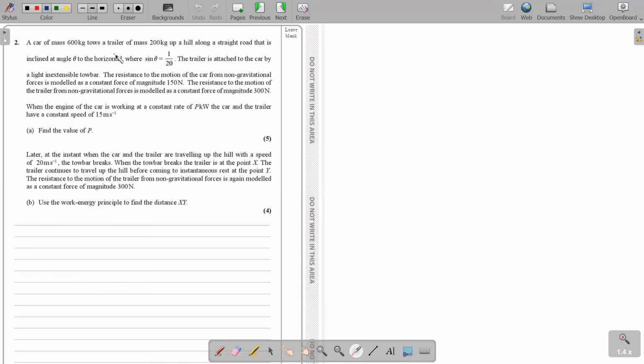So the car is towing a trailer up a hill. The first thing is you need to draw the diagram. The car is towing the trailer up along the hill. So mark the angle theta. So you have the car, which is towing a trailer up along the hill.